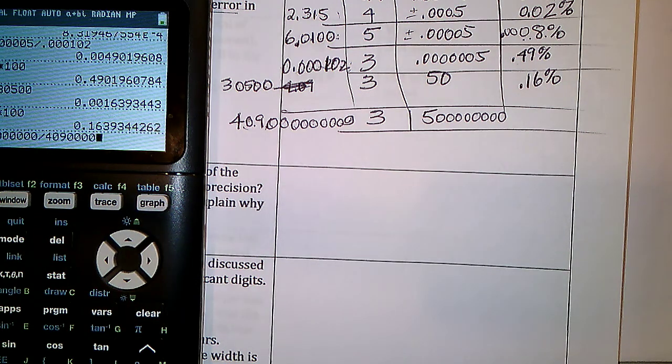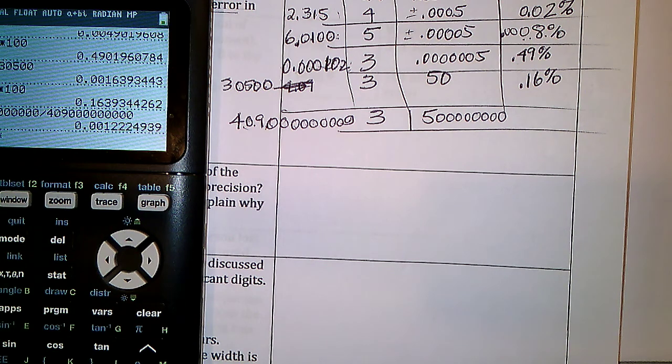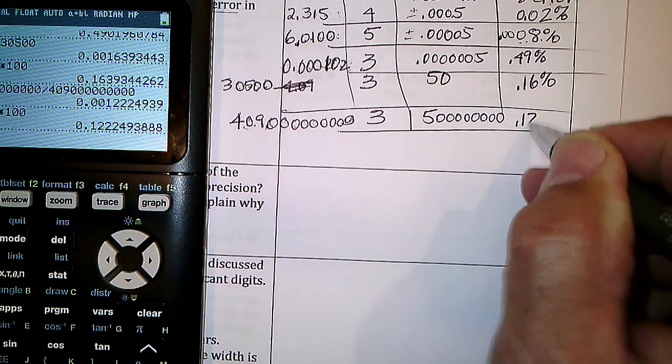Then multiply by 100 to make it a percent. And it's 0.12%.